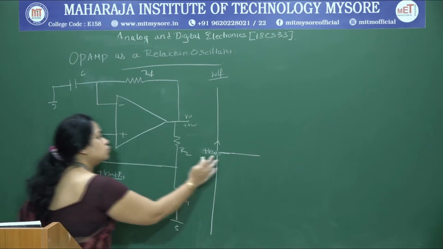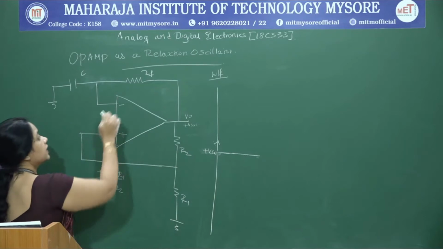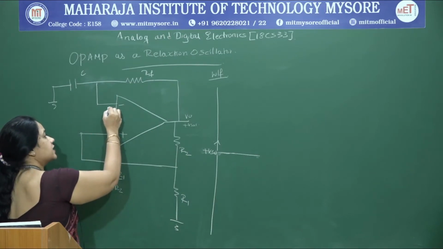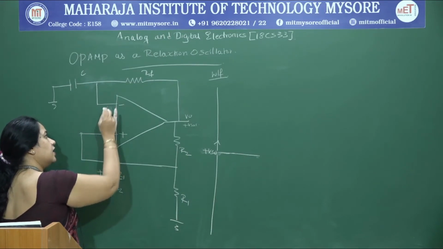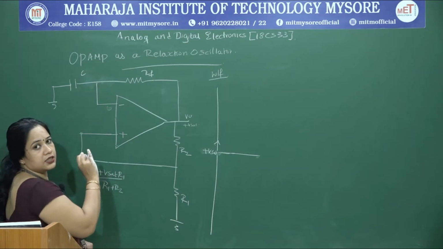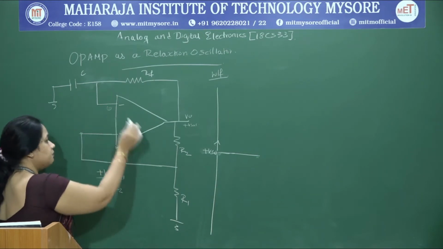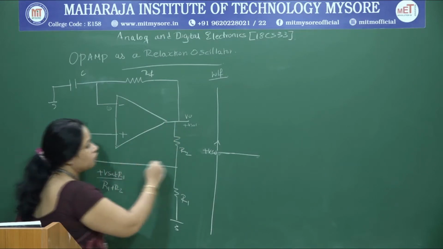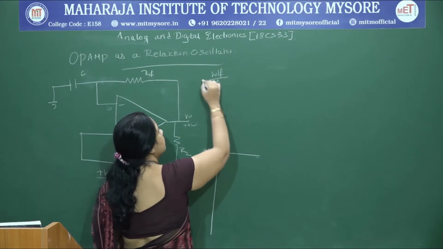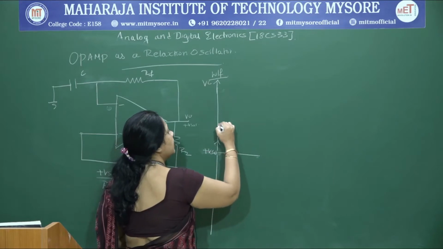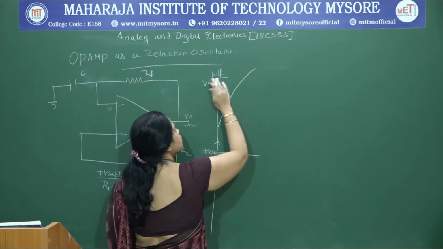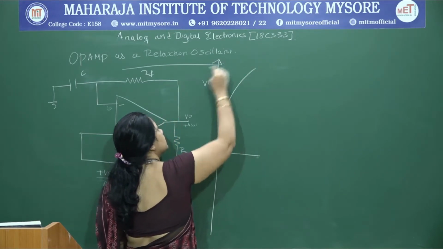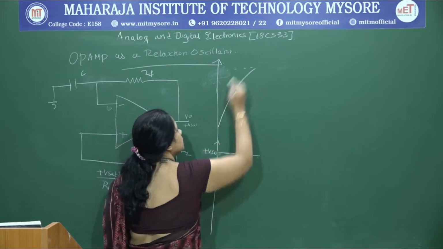Now, the output continues to be in positive saturation till the voltage at the inverting terminal is greater than that at the non-inverting terminal. Meanwhile, the capacitor comes across this plus V sat, and if I write the capacitor voltage, it tends to get charged towards the positive peak.